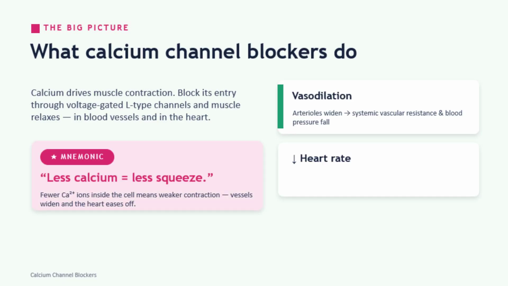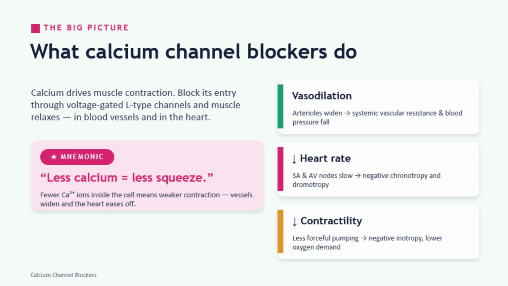Okay, here is the big picture, and honestly, if you only remember one thing from this video, make it this. Calcium channel blockers block L-type calcium channels. That is it. When you block those channels, less calcium gets into the cell, and here is my little mantra: less calcium, less squeeze.